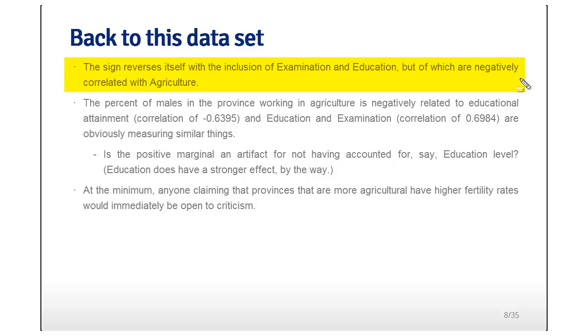Remember, again, this is 1888. The correlation, in fact, is negative 0.64. And education, by the way, I'm saying education and examination, but these are kind of measuring the same thing. They have a correlation of 0.7.